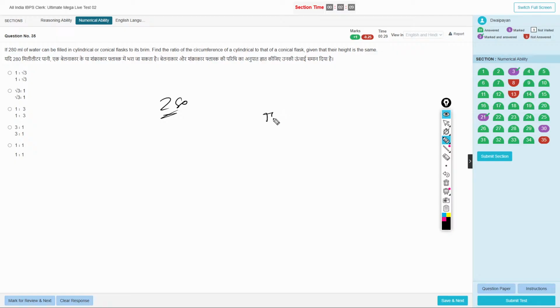Cylinder is pi R square H is equal to 1/3 pi R square H. So R1 by R2 is going to be under root 1 by root 3. Option 1.